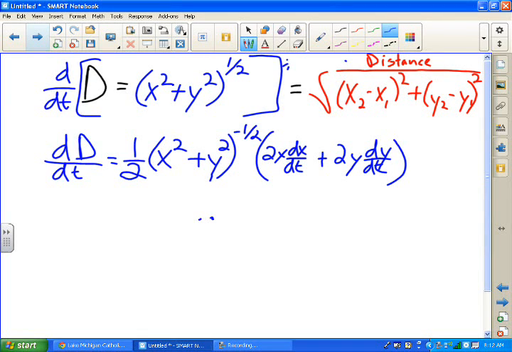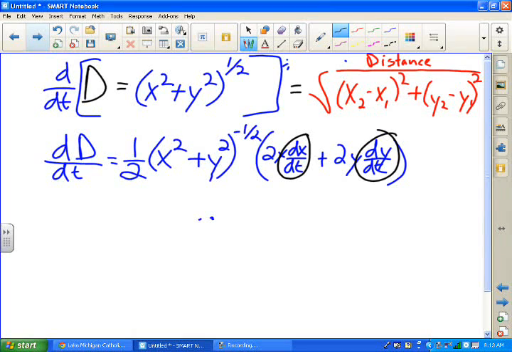But in these related rates problems, they're going to give us what dx/dt is, or dy/dt, or sometimes dd/dt, and then we plug it into the formula. Sometimes they'll ask for dx/dt, or maybe they'll ask for dy/dt. They give us a whole bunch of information, we plug it into the formula, and we'll either get an answer or an equation with one or possibly two variables.